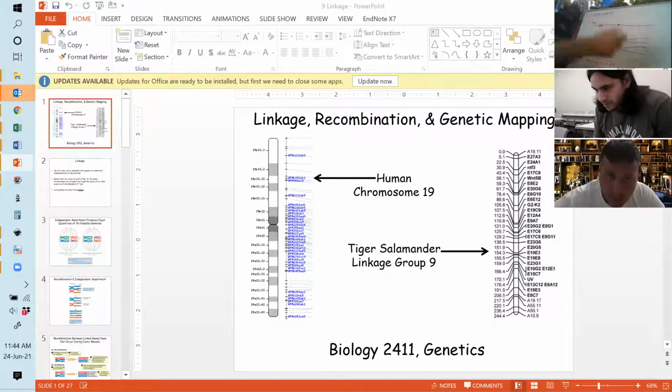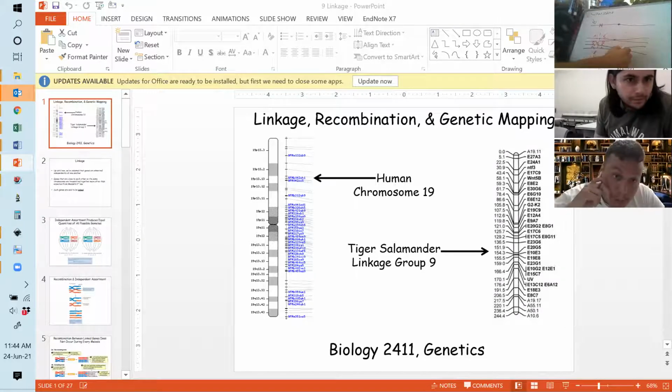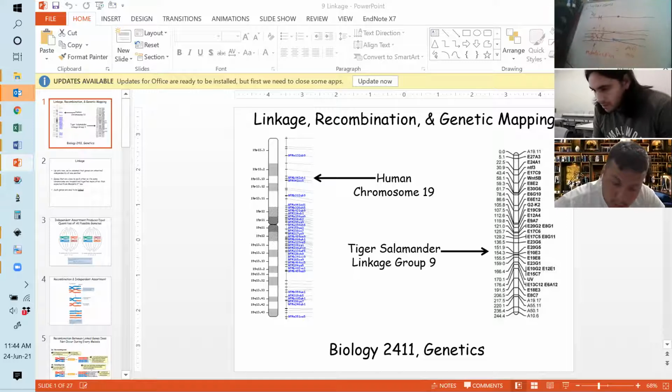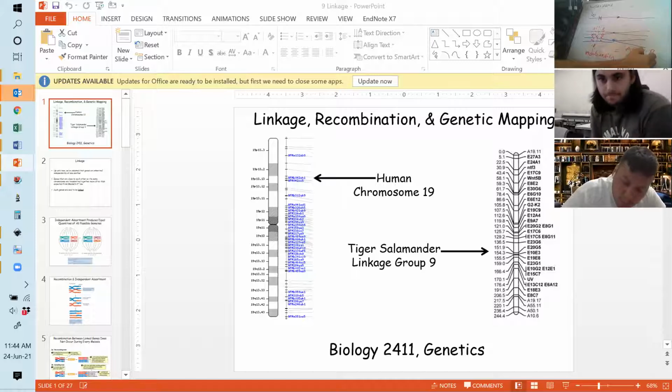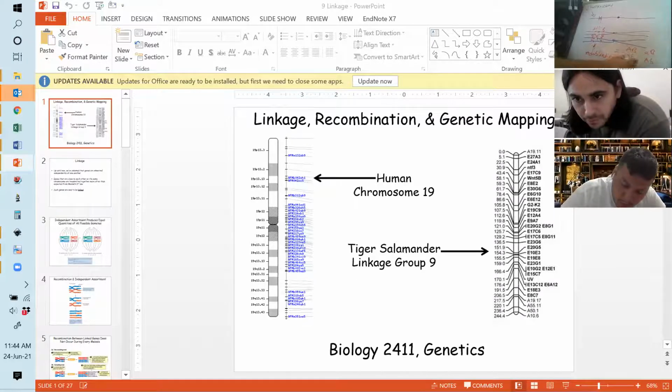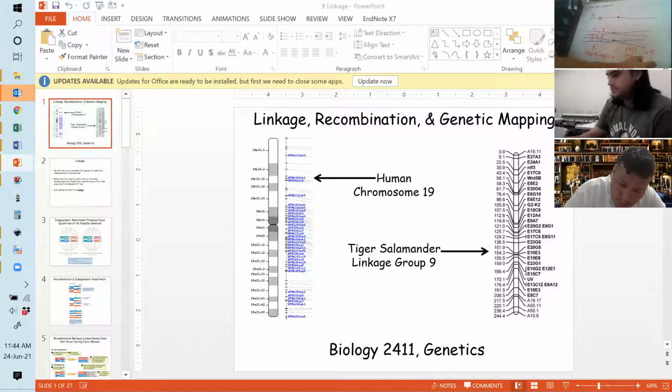So if you have recombination there, you'll get the two parentals, like so, and you'll get two recombinants.